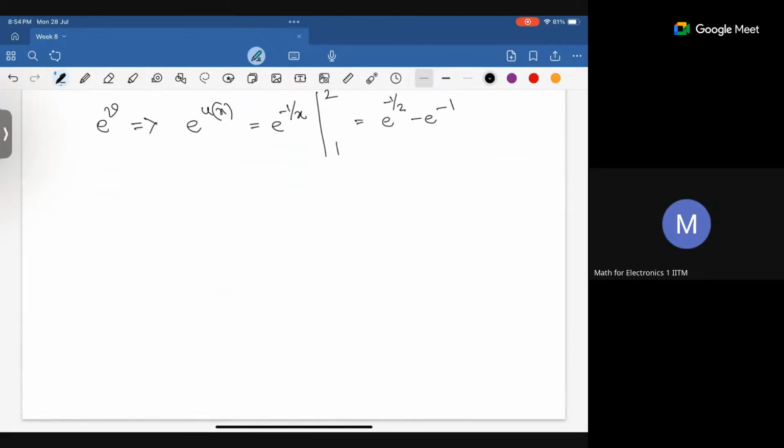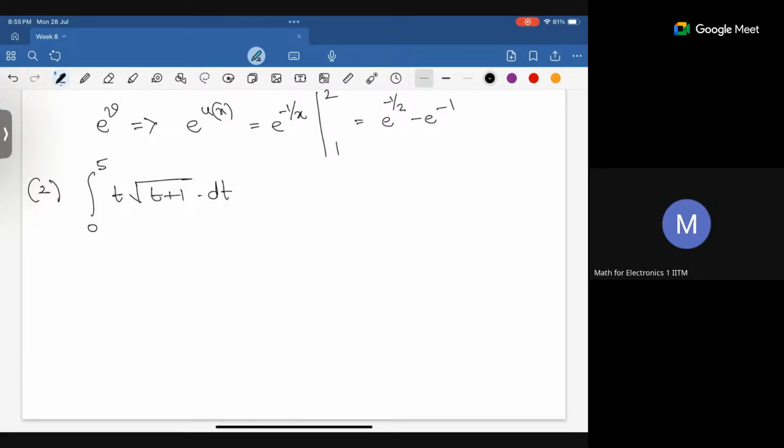Yes sir. Okay, so as requested, we'll do one more example for this antiderivative. Let's say we have to compute the integral from 0 to 5 of t square root t plus 1 dt.